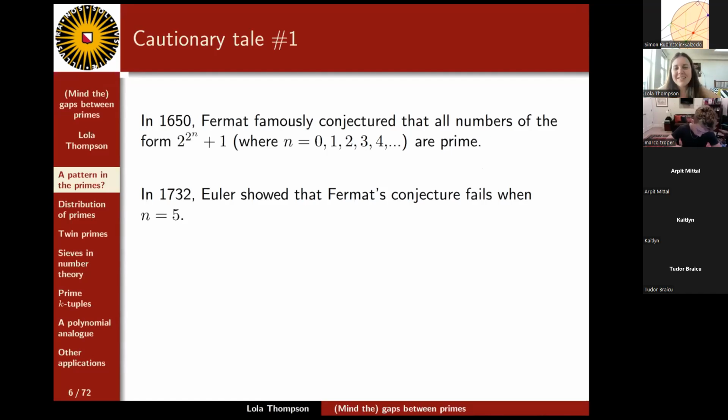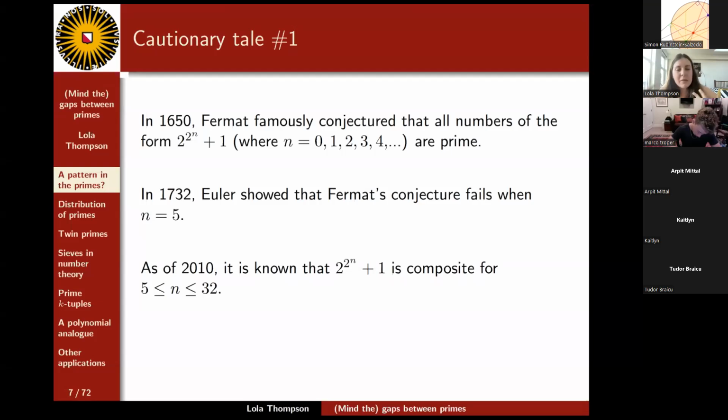Unfortunately, this was back in the days before computers, and so Fermat was calculating all these things by hand. It was really hard to get beyond 2 to the 2 to the 4 plus 1. But Euler disproved Fermat's conjecture. Then you might wonder, well, maybe it starts being true later on.